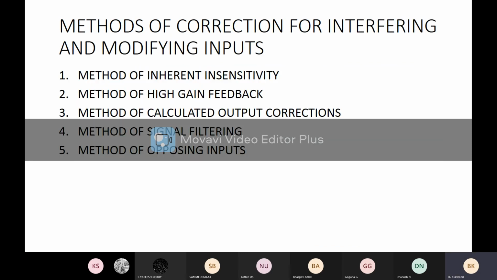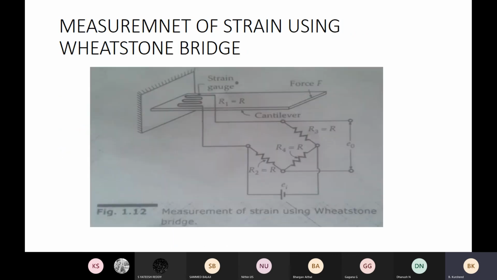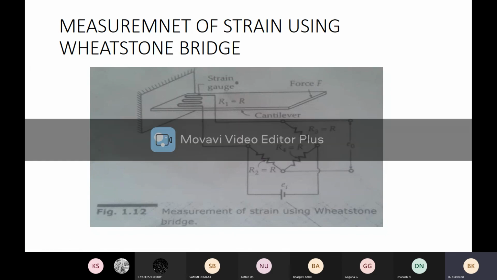In the first one, they have given an example of temperature. If the strain gauge material is used such that it is not affected with respect to temperature, then what happens? The temperature is the interfering input. If the material is not at all affected by temperature, then there will be no effect of the interfering input.